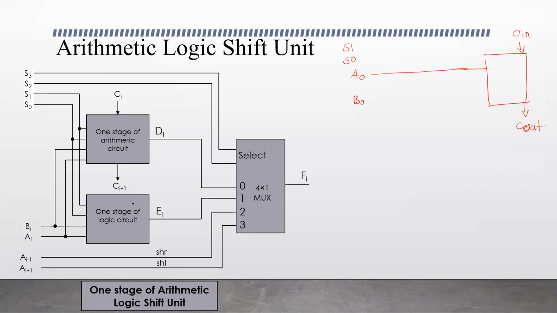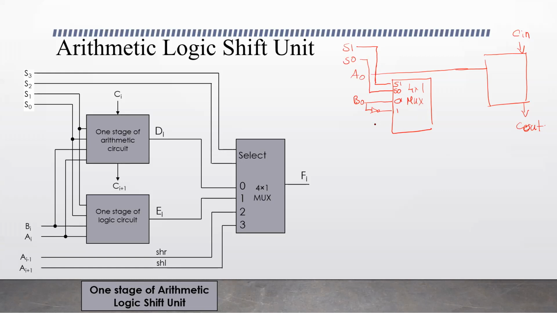And S0 and S1, here we have the multiplexer, a 4x1 multiplexer. This is S1 and S0. The other inputs to the multiplexer: the 0th input is B, and the first input is B complement.